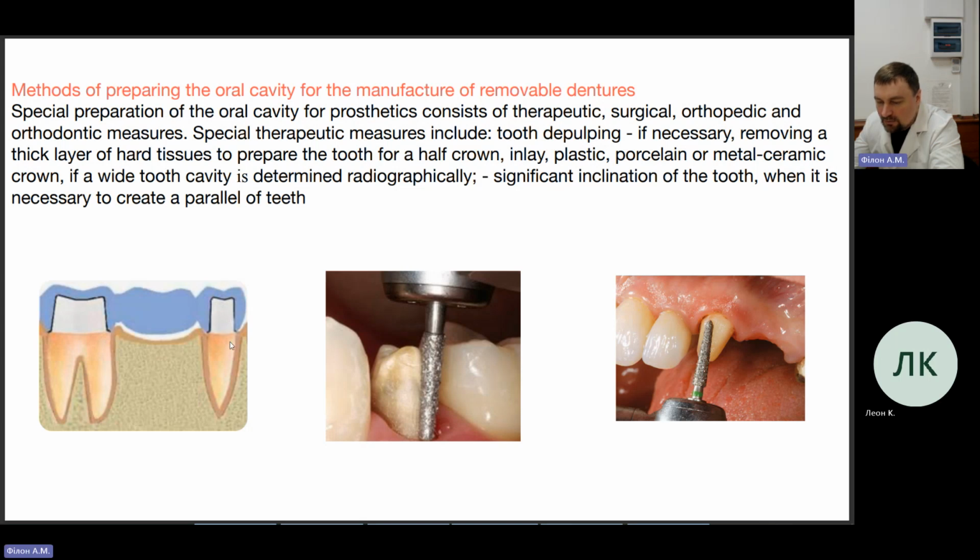If this one is going to look to another side, here for example, it's impossible to place a bridge like this on it. You have to prepare part of the teeth till the moment that the teeth are going to be parallel to each other.